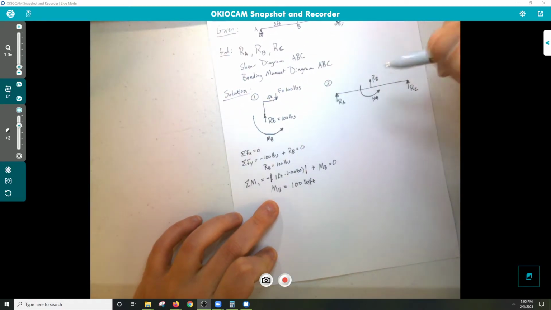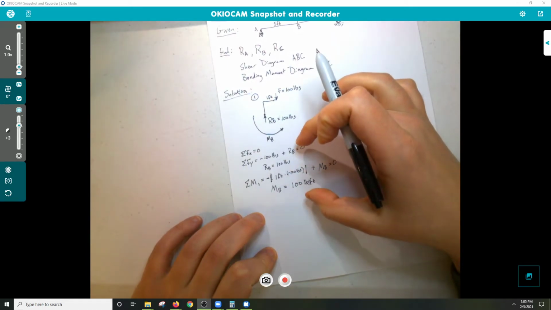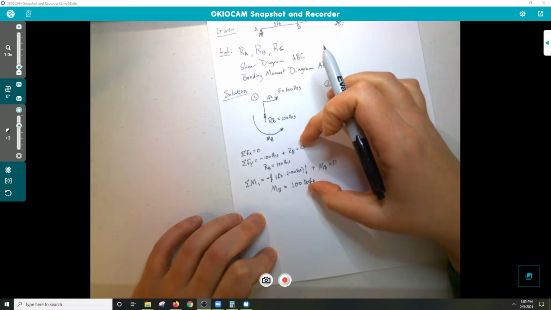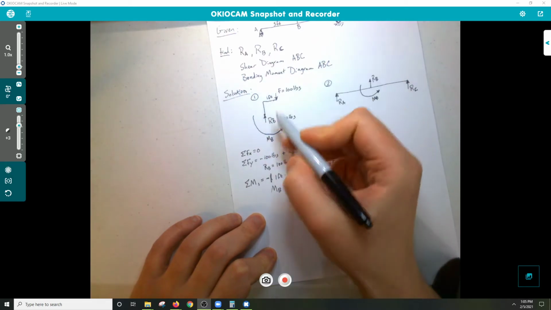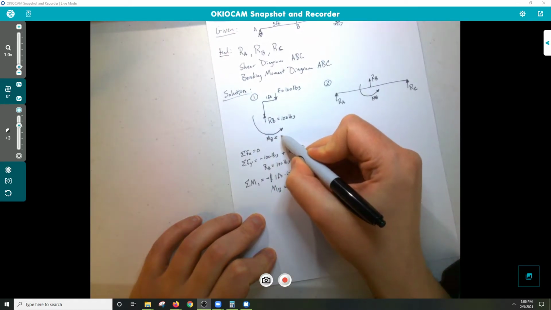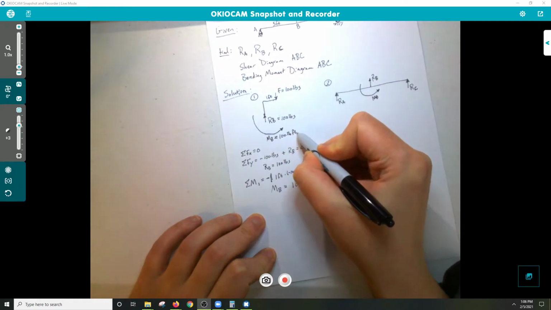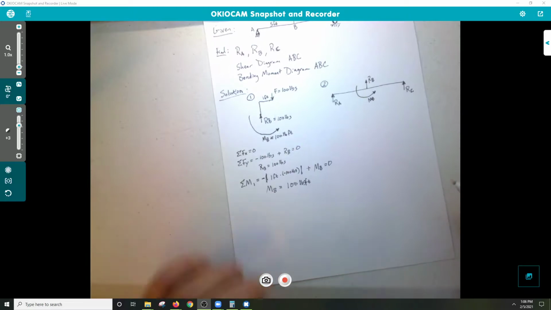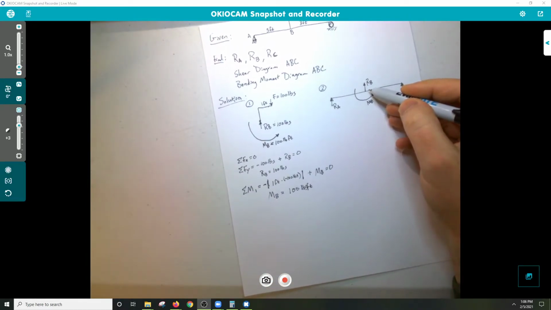And now we go look at free body diagram 2. We've got everything we can get out of free body diagram 1. We now know our reactions here, so again we've solved for RB now, and we have our moment MB, which is going to be 100 pound feet. Okay, so we have that. Now we have to bring it over to this one, right?